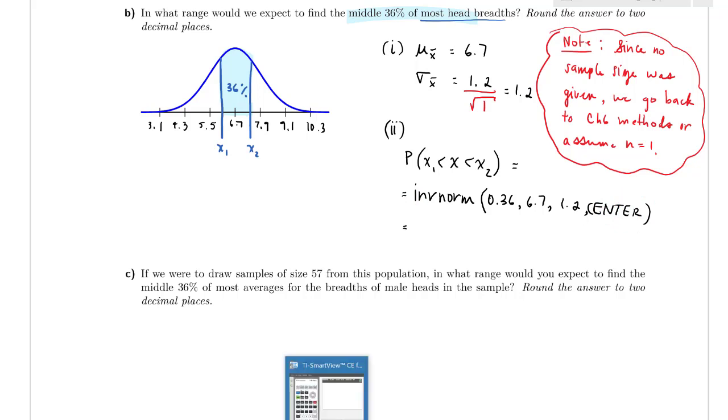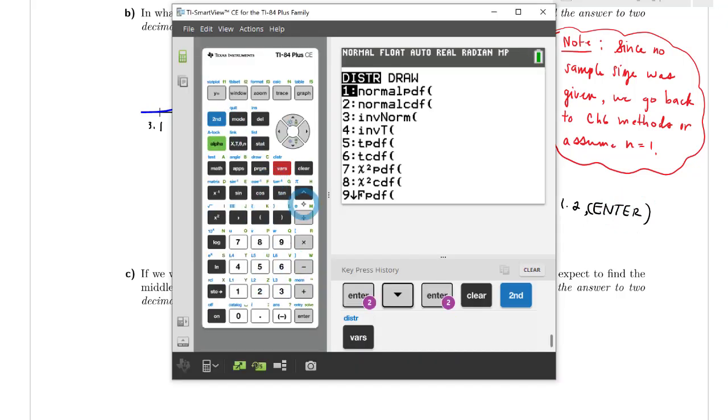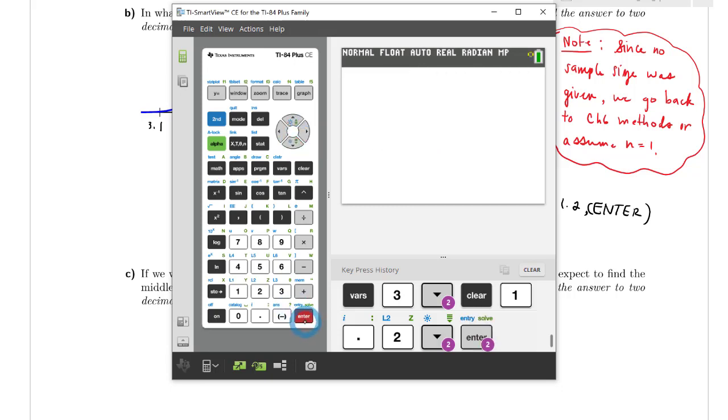So if we go to second distribution, invnorm, right here, number 3, we can put in the area, middle 36%, our mean is 6.7, and then here I would put in 1.2 and select center and paste and enter.